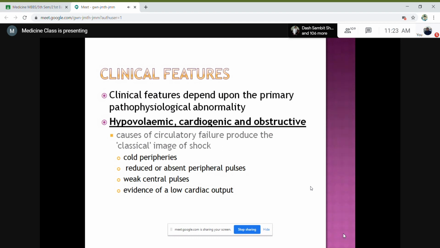The patient will have very cold peripheries, the peripheral pulses will be reduced in amplitude, and sometimes may be absent, or very feeble. Weak central pulses will be there, and there will be evidence of low cardiac output. The blood pressure will be low, the urine output will be low, the patient will have tachycardia.